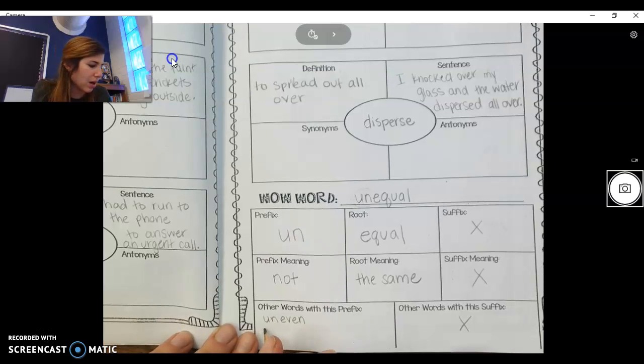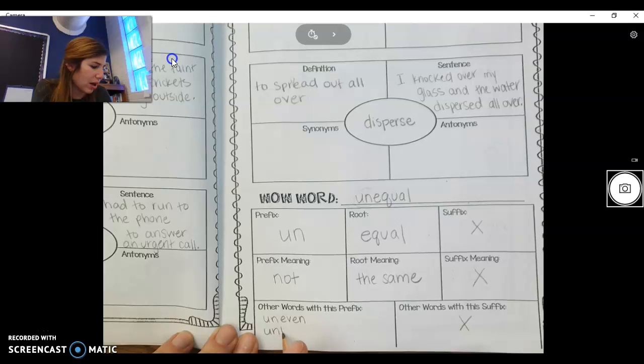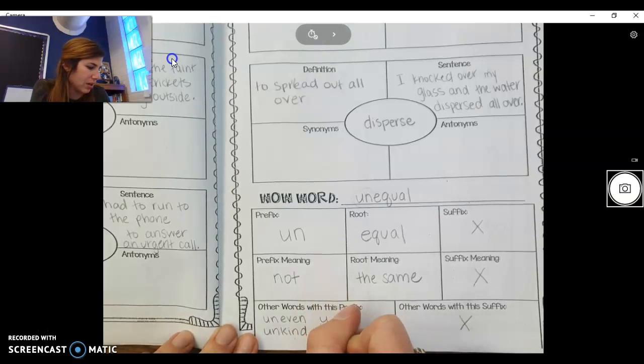Okay, another one that's coming to mind for me is the word unkind. Unkind, meaning not kind. Think about what other words you can remember using the prefix un. I heard today someone say unnecessary. It is not necessary.